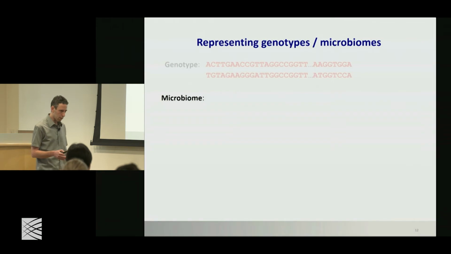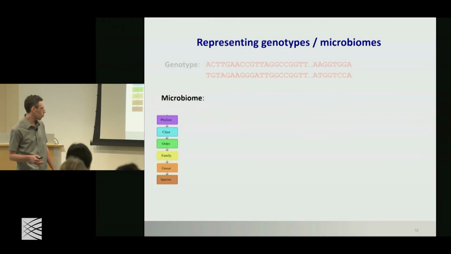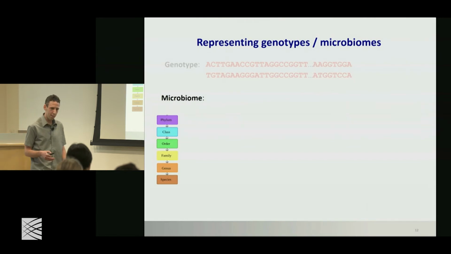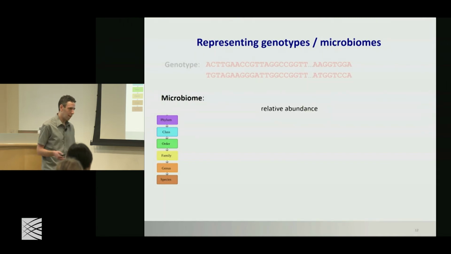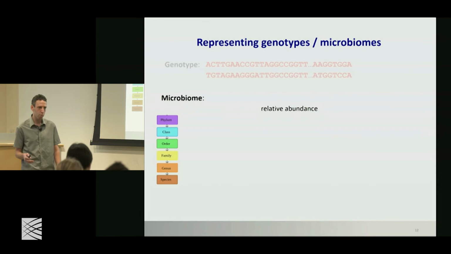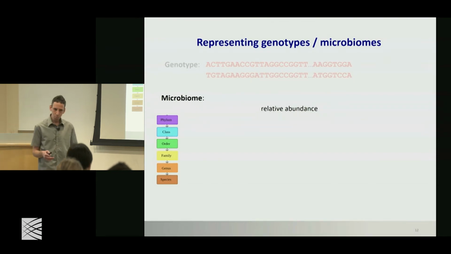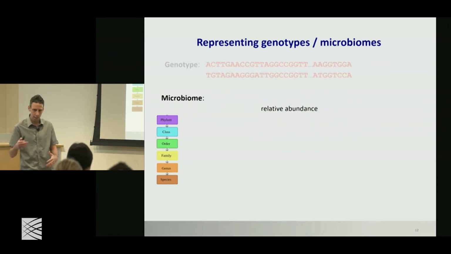But representing the gut microbiome is a bit trickier because you may remember from Biology 101 that we can classify bacteria according to taxonomic ranks. And so the usual way to represent gut microbiomes is using relative abundance of bacteria because the absolute number of reads can be very different between different samples for technical reasons.